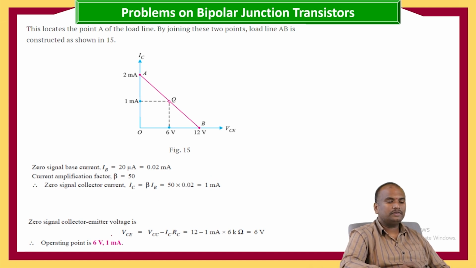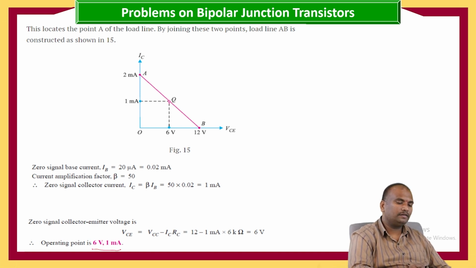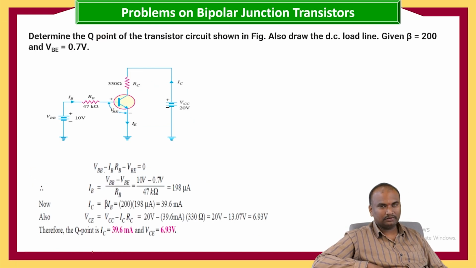Now zero signal collector to emitter voltage is VCC minus IC into RC. That is 12 minus 1 milliampere into 6 kilo ohms, which gives us 6 volts. Now the operating point is 6 volts and 1 milliampere.